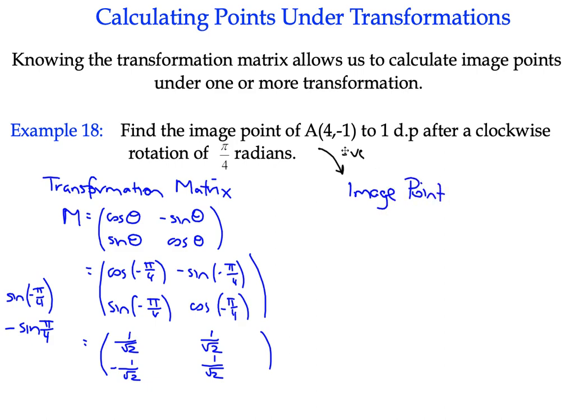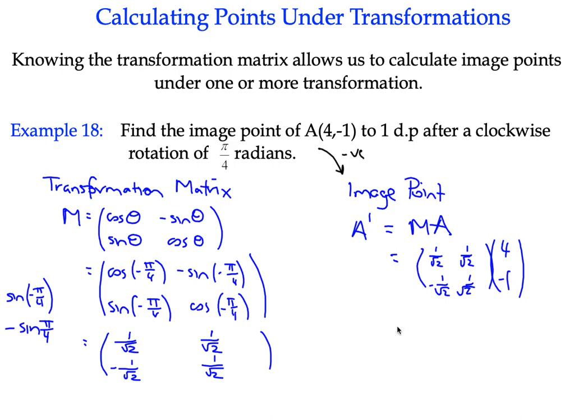Now, if we've got A here, then A dash, the image, is going to be M multiplied by the original matrix A. So we've got our transformation matrix, which is 1 over √2, 1 over √2, negative 1 over √2, and 1 over √2, multiplied by the coordinate matrix of point A, which is 4, -1.